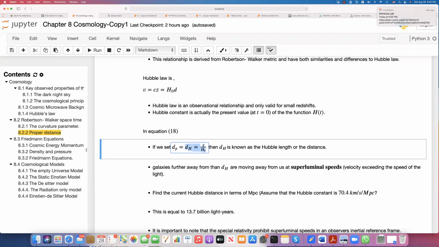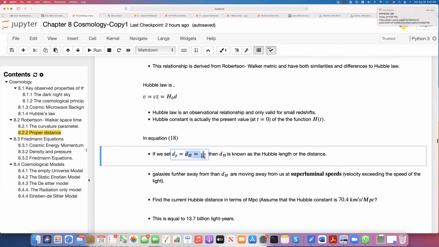This is an approximate value, and your answers were 4,261 or 60, something like that. So all the answers are correct, and the value is 4,200 megaparsecs.